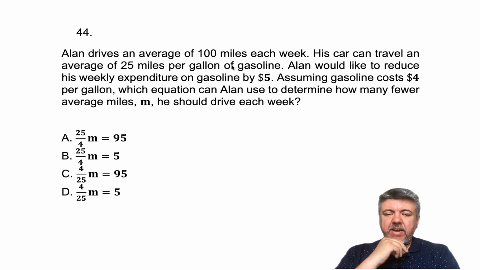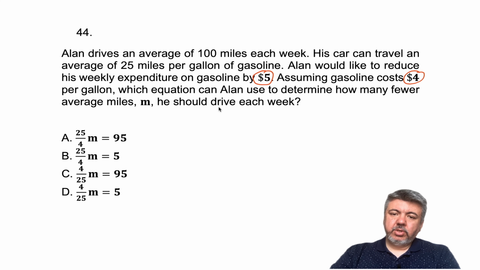44. Alan drives an average of 100 miles each week. His car can travel an average of 25 miles per gallon of gasoline. Alan would like to reduce his weekly expenditure on gasoline by $5. Assuming gasoline costs $4 per gallon, which equation can Alan use to determine how many fewer miles, average miles m, he should drive each week?